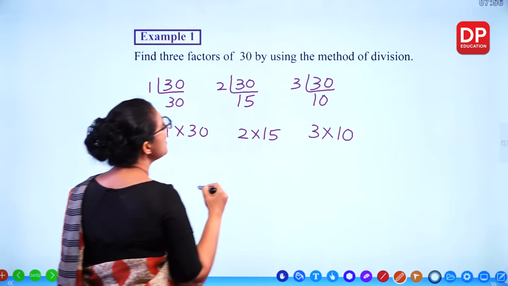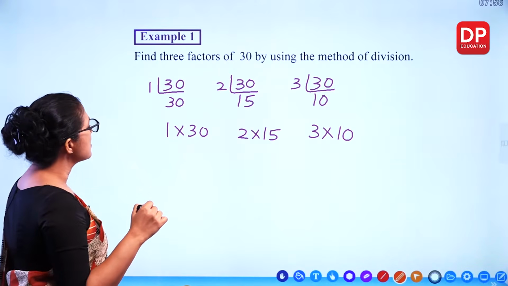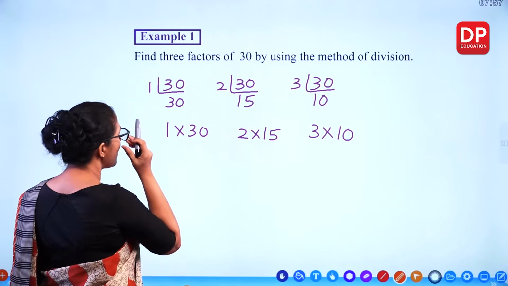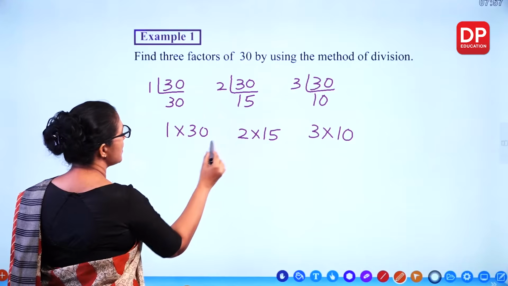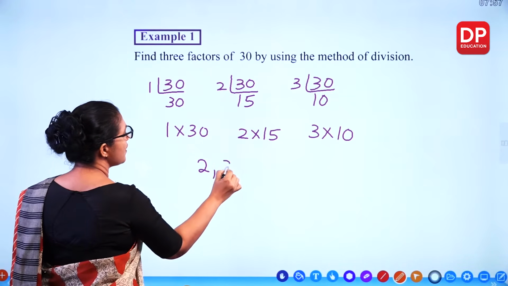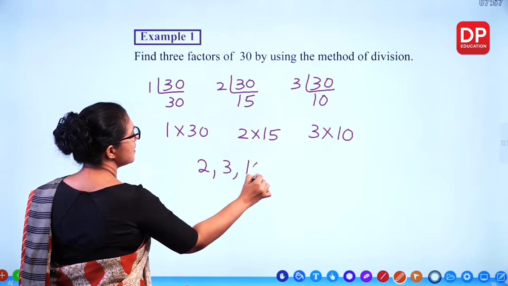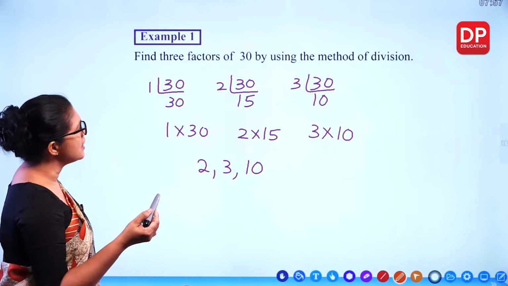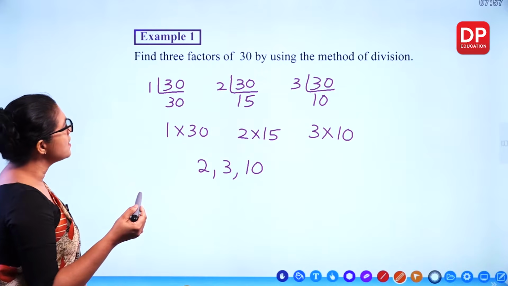So they are asking only 3 factors. So without writing 1 and the number itself, we'll take 2, 3, 10. So we need only 3. You can write 2, 3, 10 are factors of 30.